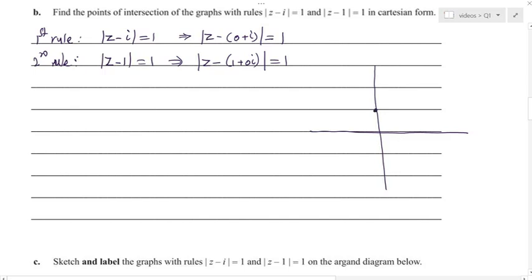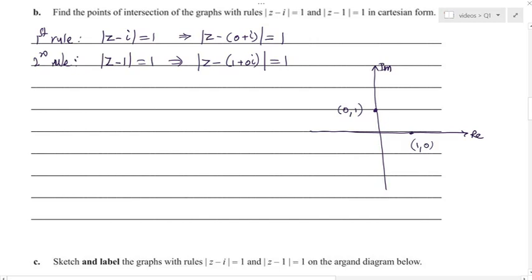Another one is this. My z is such that it is always at a distance of 1 from this and at a distance of 1 from this. So this is my point 1, 0, and that's my point 0, 1.